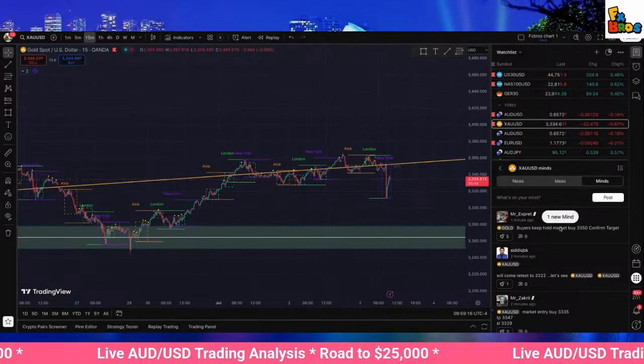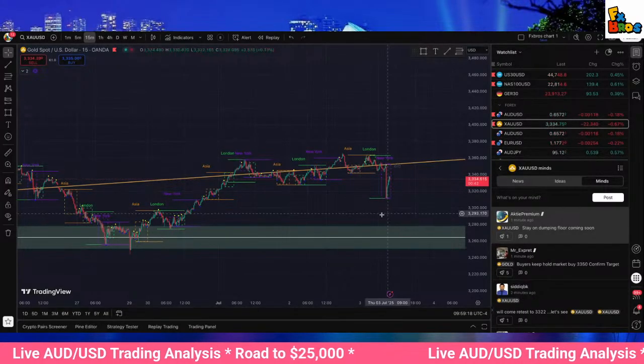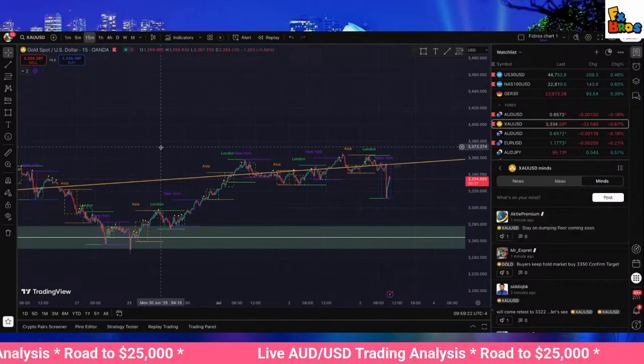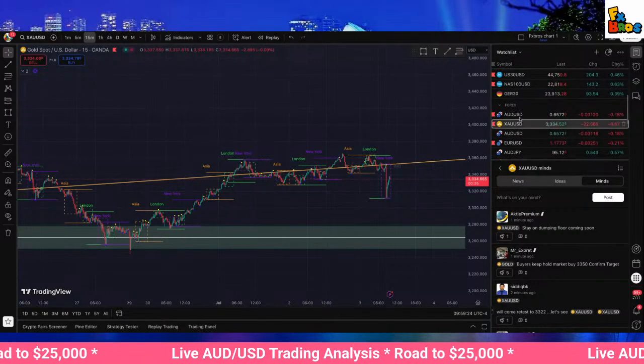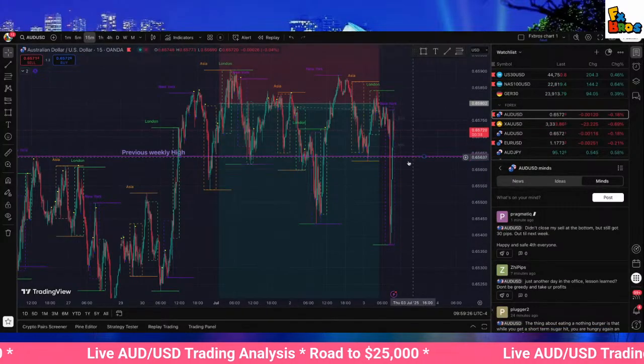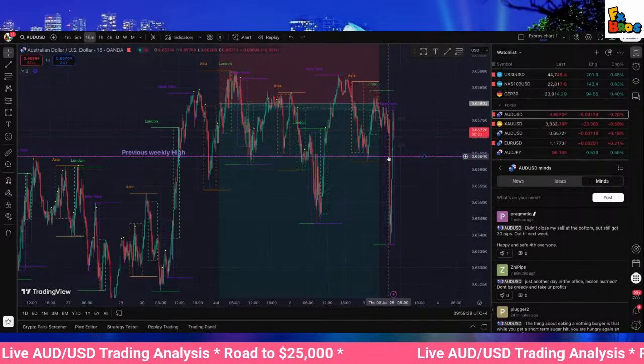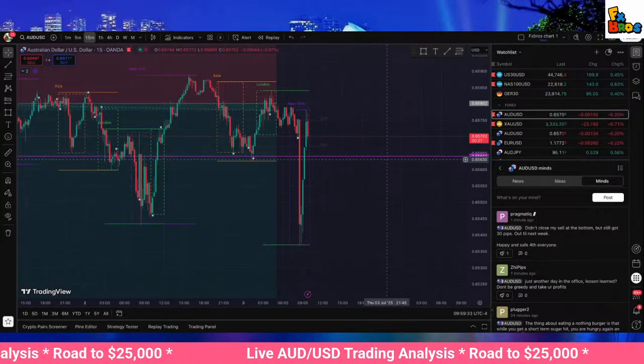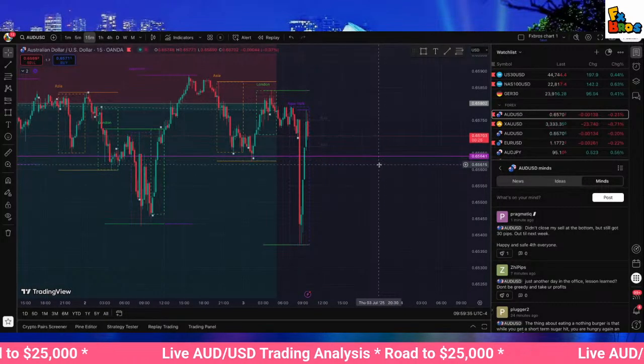Let's sell off, let's grab some liquidity down here at 32.60, and then let's run it up. But stop all that sweeping highs. Same thing as AU. Let's turn back around, sell off, and get this money. Oh, okay.